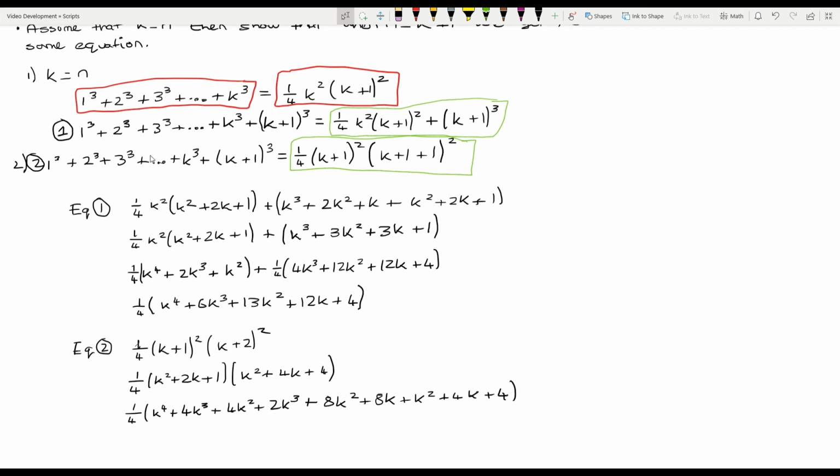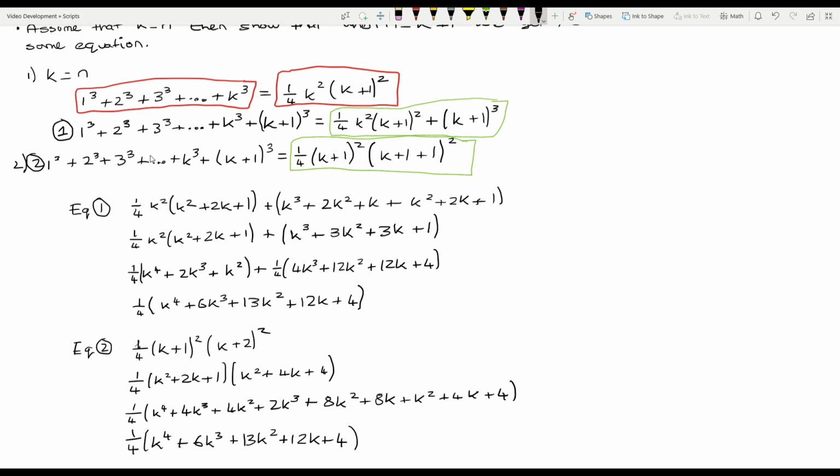If we simplify that, we get k to the 4 plus 6k cubed plus 13k squared plus 12k plus 4.